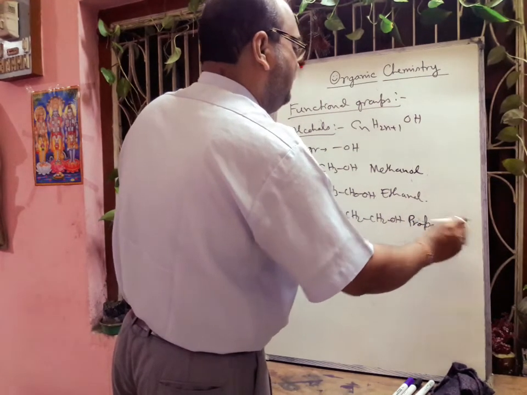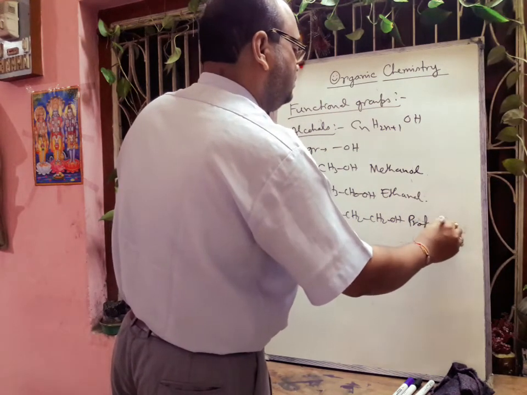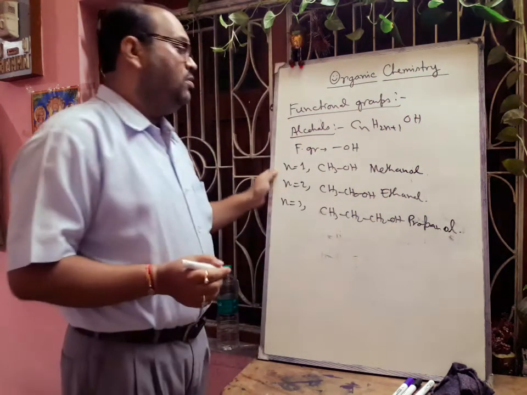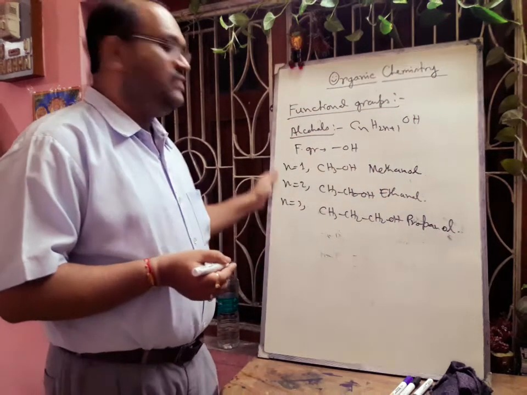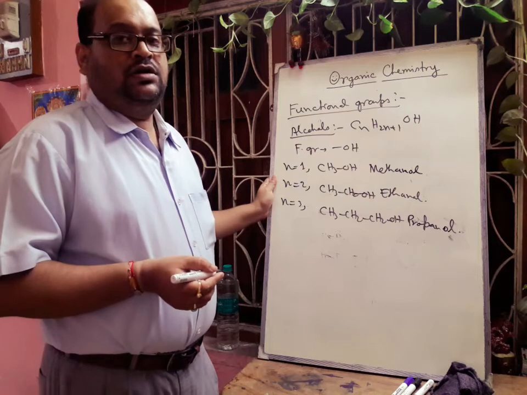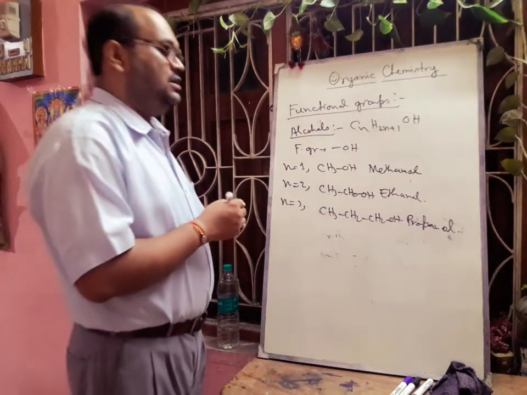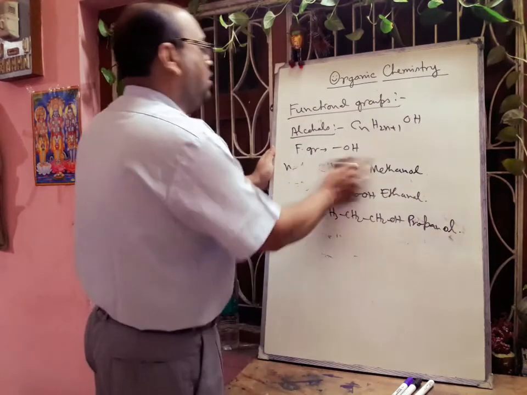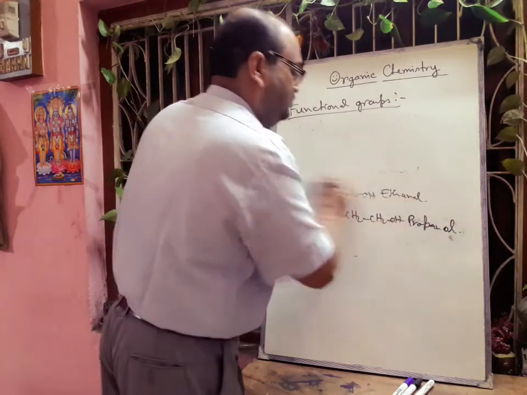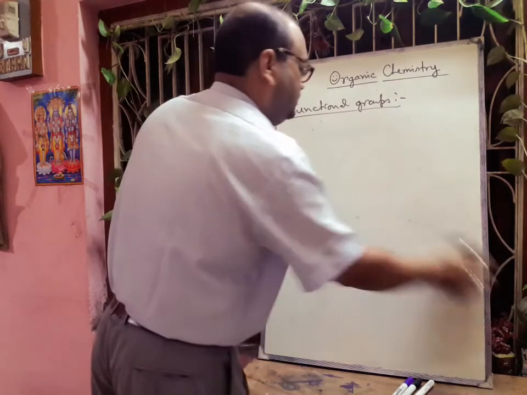So these are the homologous series, and they differ by a CH2 group. Hope you can understand. Next we will discuss another functional group that is called ether.